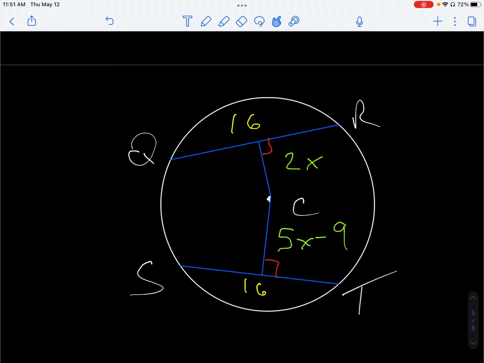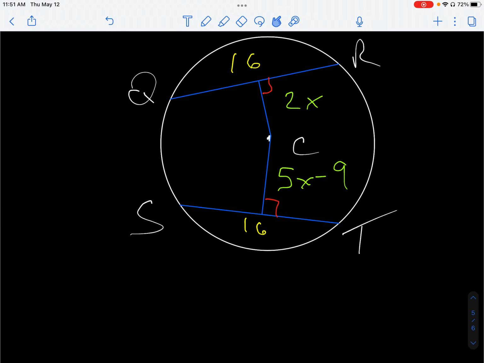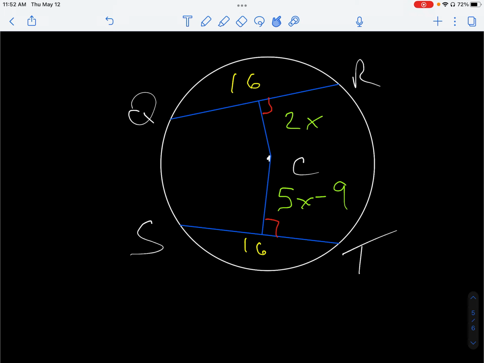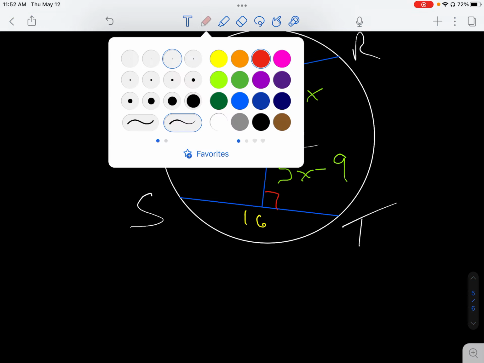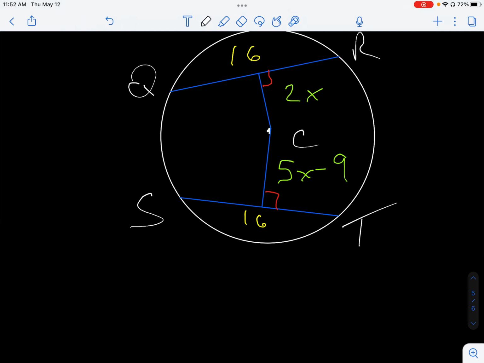So can we use that to our advantage? We sure can. Here's an example. Here we have chord QR, chord ST, and we can see that they're both 16. Let's label these. We have CU and CV.